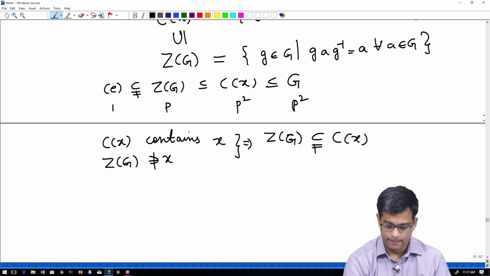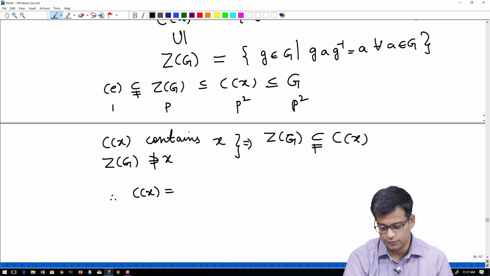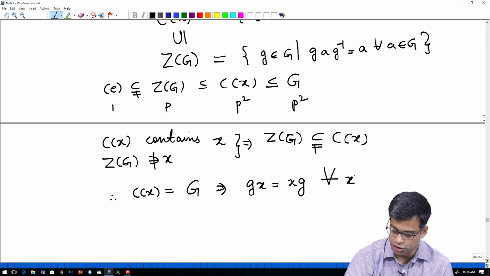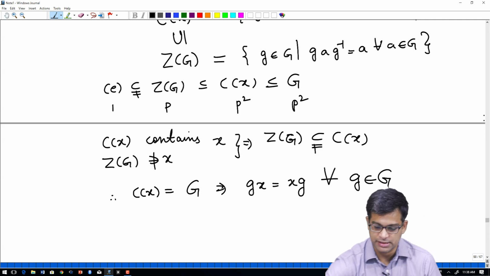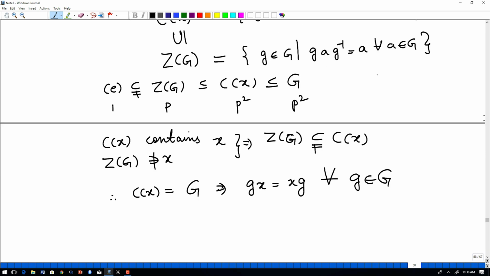That means Cx is equal to all of G itself. That means gx equals xg for all g, that is the centralizer. But this in turn means that x is in the center.